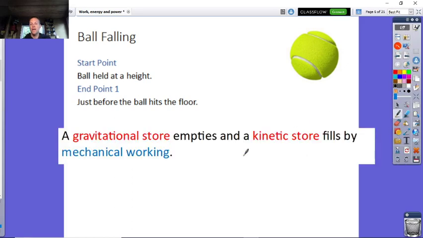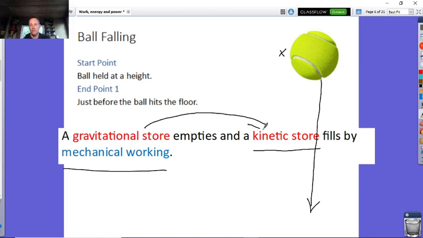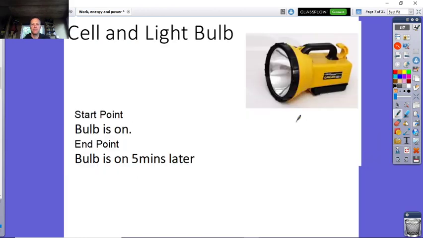So what we say then is we are starting off with a gravitational store at the top here. Then as it goes down, this gravitational store becomes less and less, and then we go into our kinetic energy store. But it does this by mechanical working, because of the force involved, so this store goes to that store. Getting it? Next one.